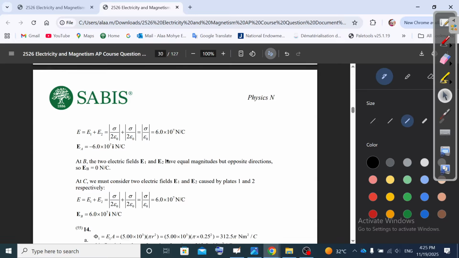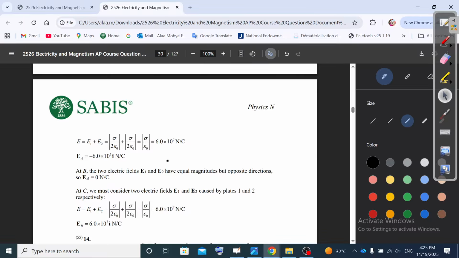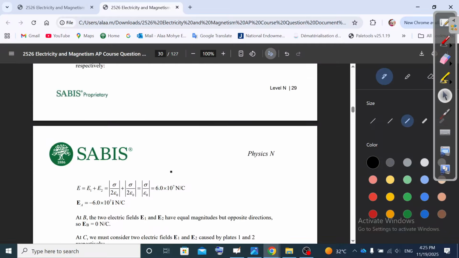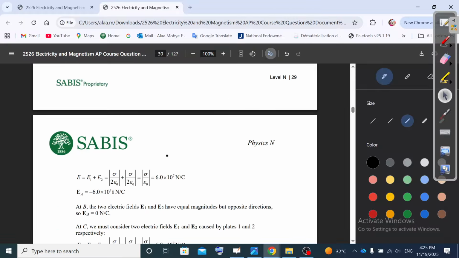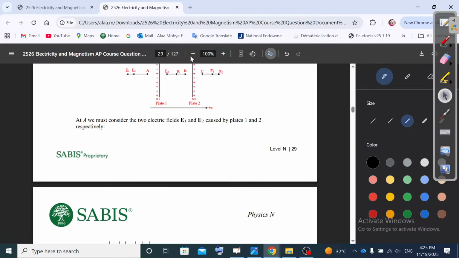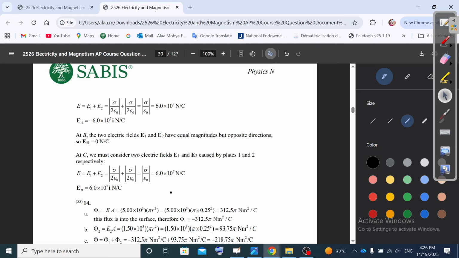And obviously if they want to calculate the electric field through A here, I think they call this plate A, so it's going to be the E2 and the E1. Whatever, it's going to be always the same, just opposite in charges, okay?